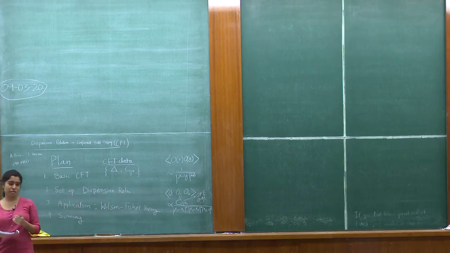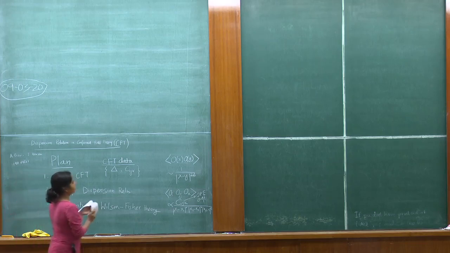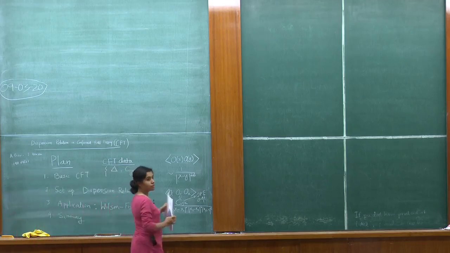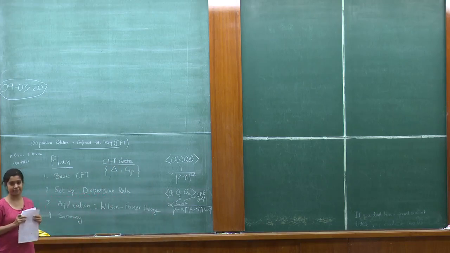So, basically we do not need to know all this data, and with this less data we can even constrain the CFT. So the less data is all deltas and some C's. Yes, yeah.